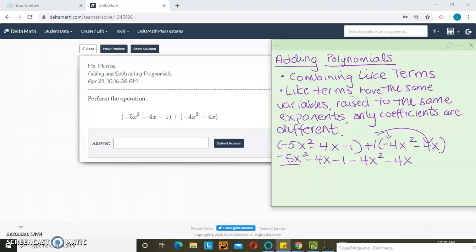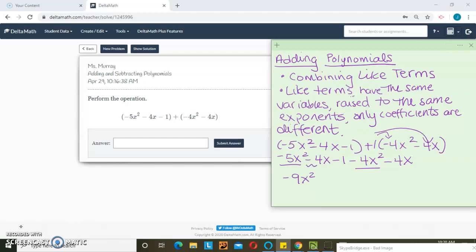So I notice negative 5x squared and negative 4x squared have the same x raised to the same exponent of 2. So when I combine them, I just combine the numbers in front. Negative 5 and negative 4 is negative 9. I keep the variable and the exponent the same. I don't add the exponents because if you remember from last week, we only add the exponents when we're multiplying, and we're not multiplying in this situation.